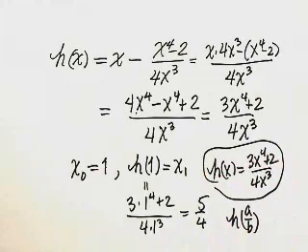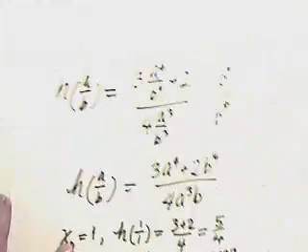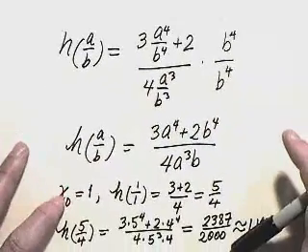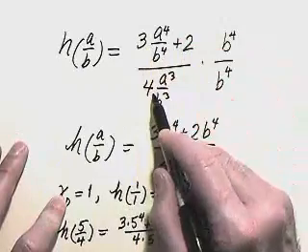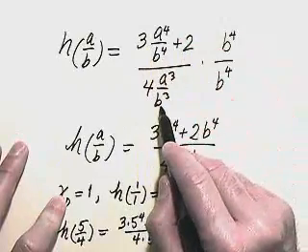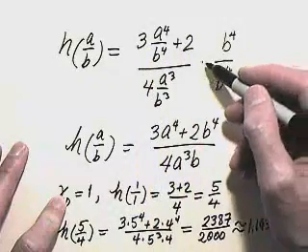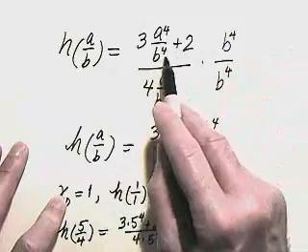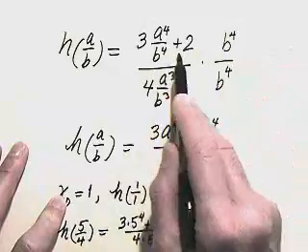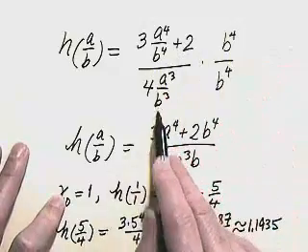And so let's do that next. H of a over b then is 3 times a to the fourth over b to the fourth plus 2 divided by 4 times a cubed over b cubed. And so to simplify that, we'll multiply by b to the fourth over b to the fourth, and that gets rid of the denominator here in the numerator and the denominator here in the denominator.